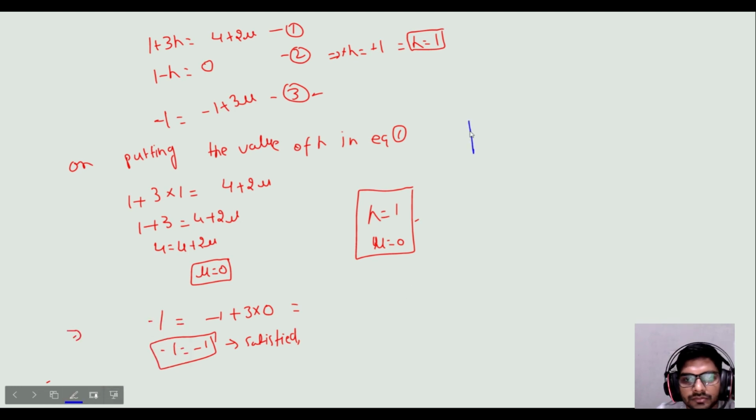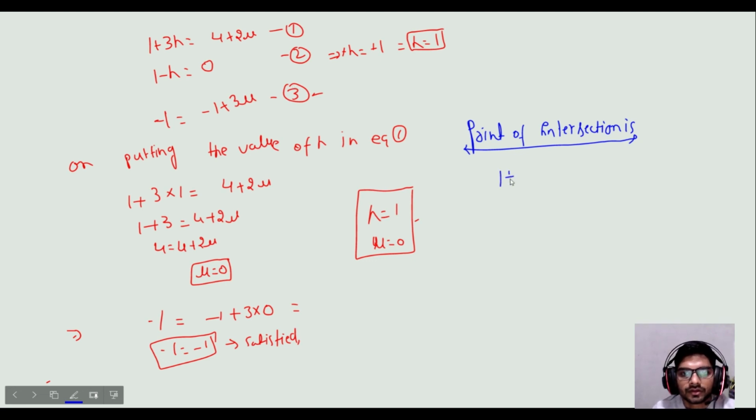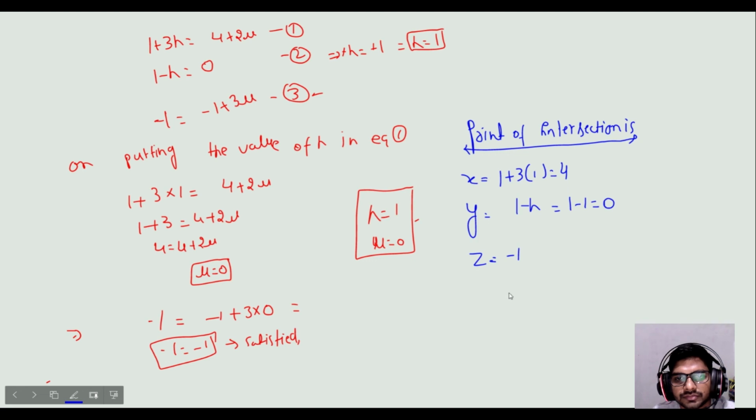So the point of intersection is: x equals 1 plus 3 lambda, that is 4; y equals 1 minus lambda, this gives 1 minus 1 equals 0; and z equals minus 1.